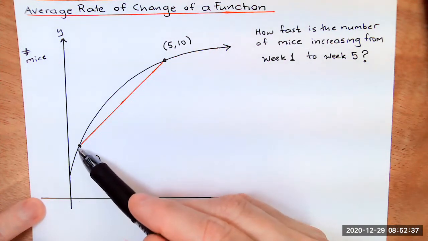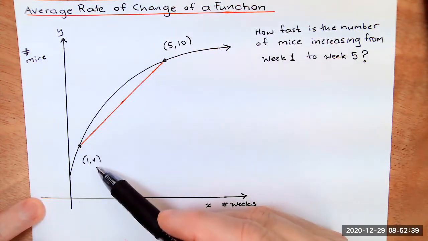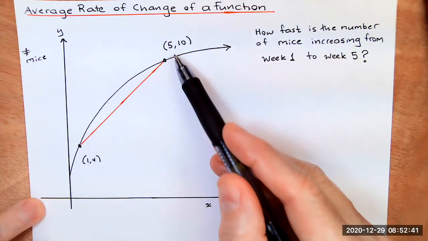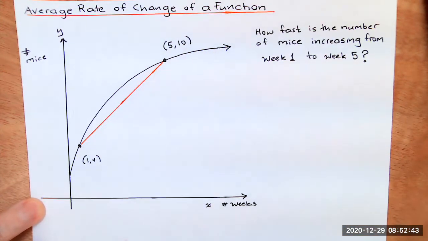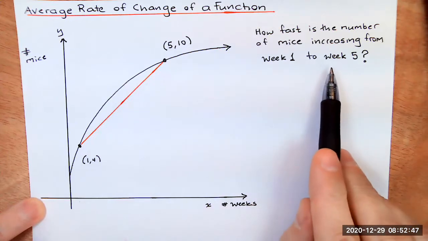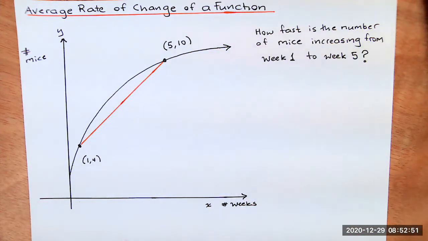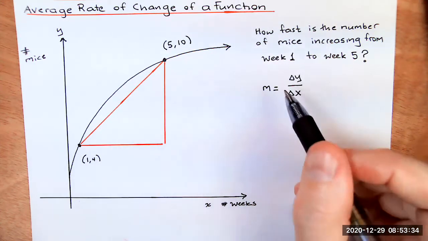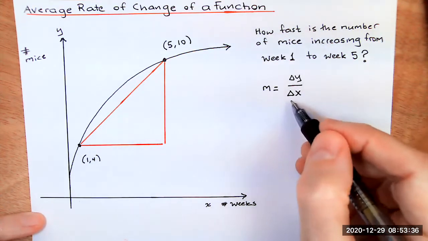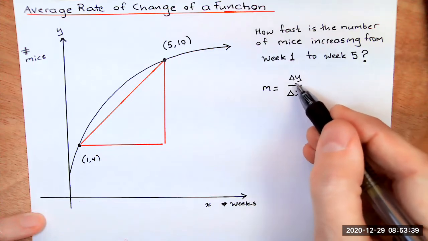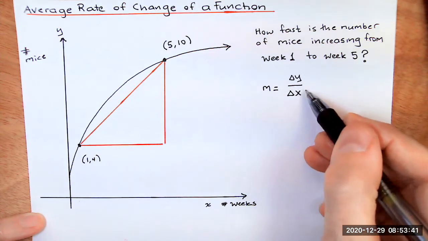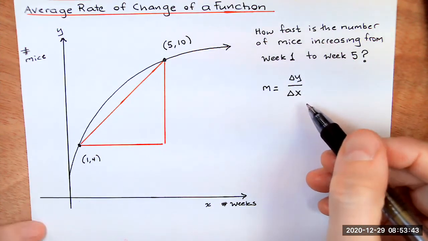Well, if I was to draw a line between the point (1, 4) and the point (5, 10), we could calculate the slope of that line, and that would tell you how fast the number of mice is increasing. So let's calculate that slope. You'll recall that the slope is the change in y over the change in x.